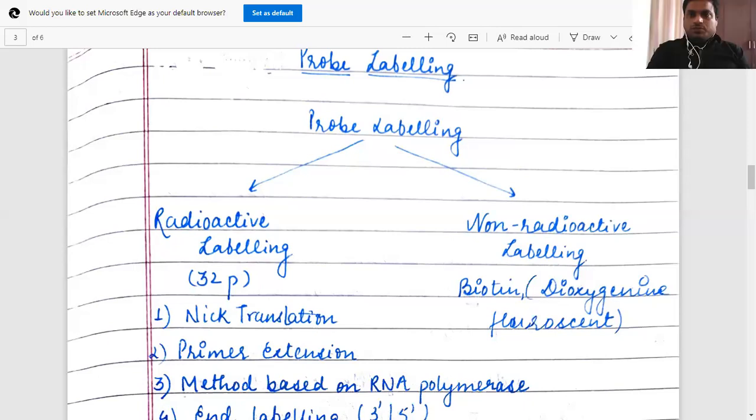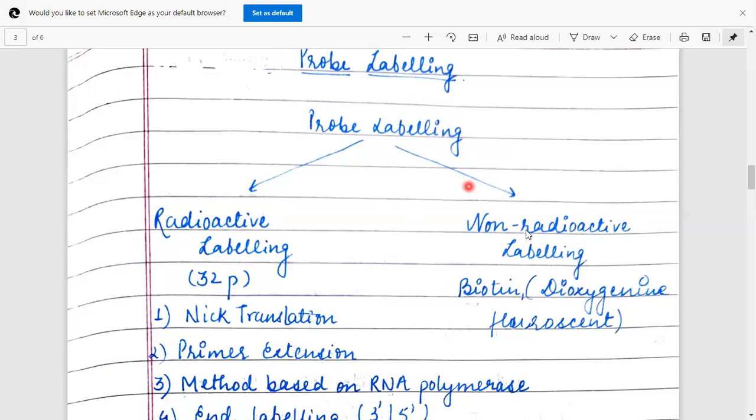Probe labeling can be done either in a radioactive manner or a non-radioactive manner. Here we can see this is the radioactive one and this one is the non-radioactive labeling.